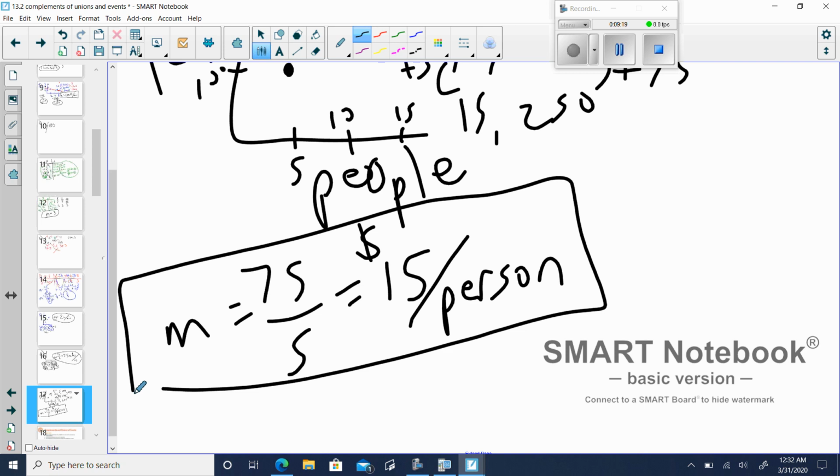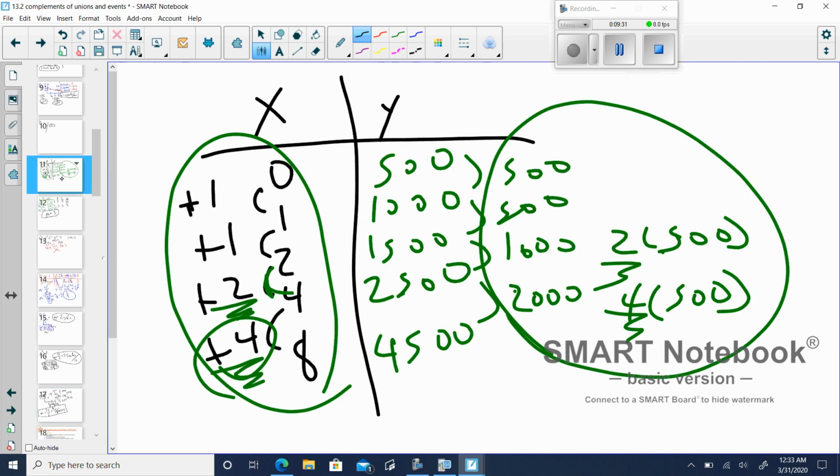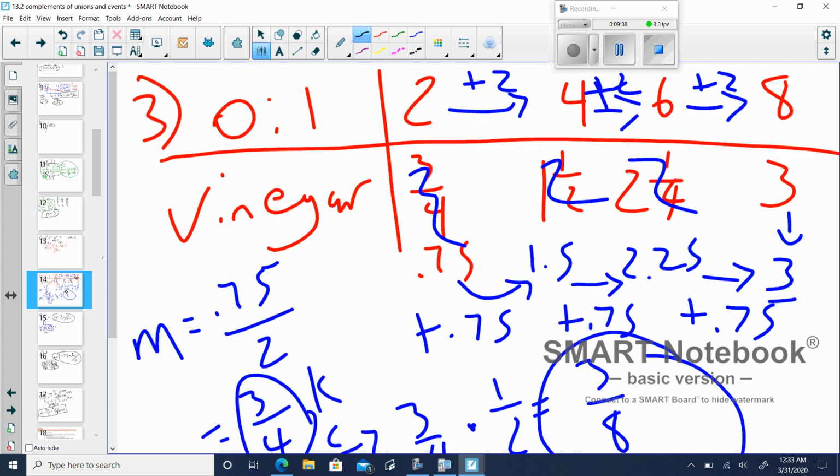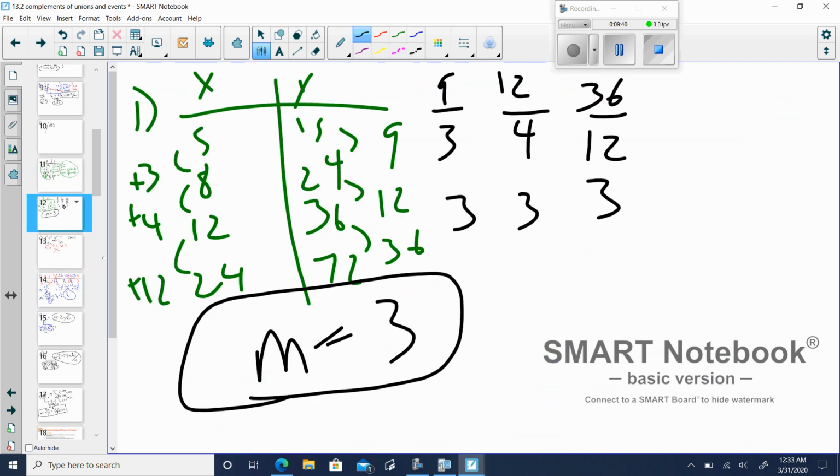Now 7, 8, 9 are interesting. Does a proportional relationship exist between the quantities shown in the following exercises? Exercise 7 says, let's go back to the 5, 8, 12, 24, and see, is this proportional?